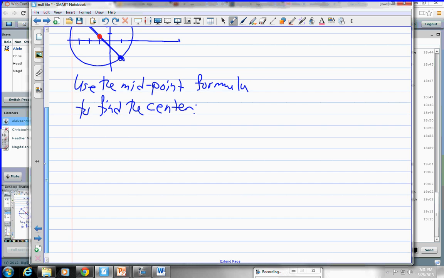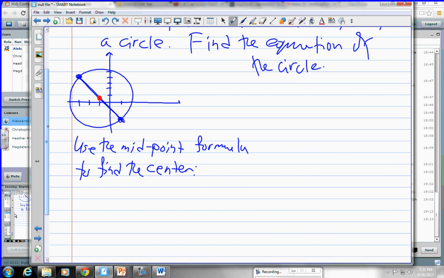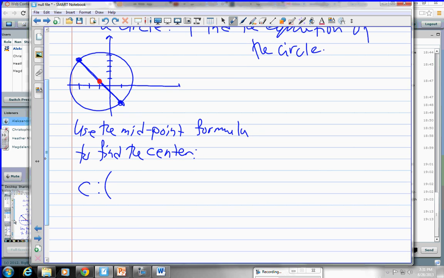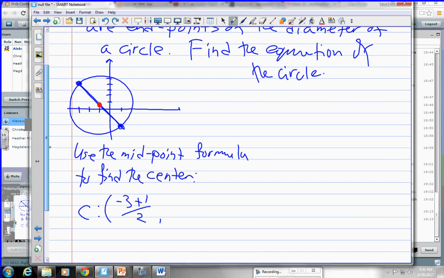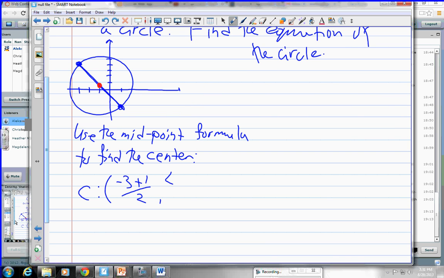So the center would be, we will take the sum of our x values, so it's negative 3 plus 1 over 2, right? And the y values, 4 plus negative 2 over 2. So what is the center?